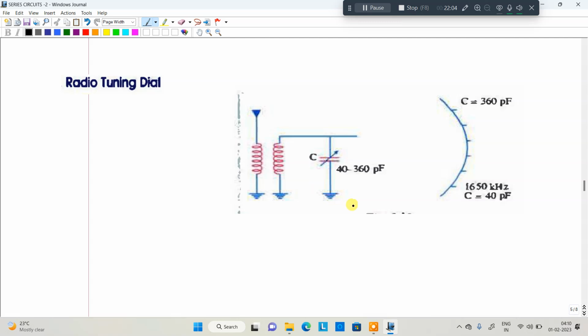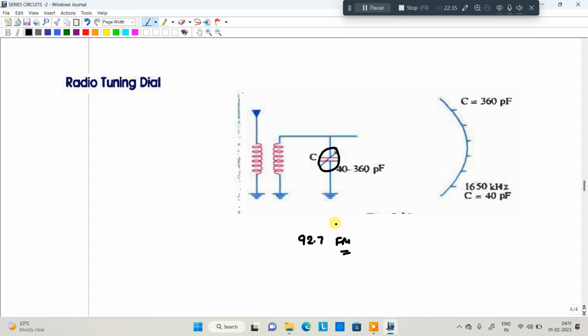In the radio tuning dial, whenever the capacitor is varied over a range of values, you will get some resonance frequency. For example, you are tuning to 92.7 FM. In that case I can adjust the capacitor value to the 92.7 frequency, then I will receive that particular frequency signal.